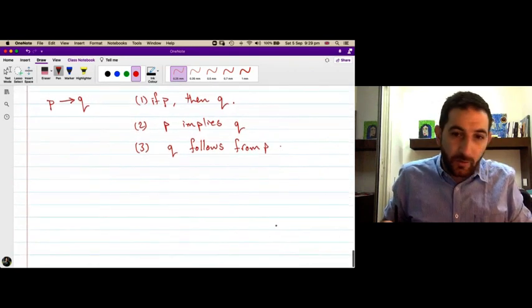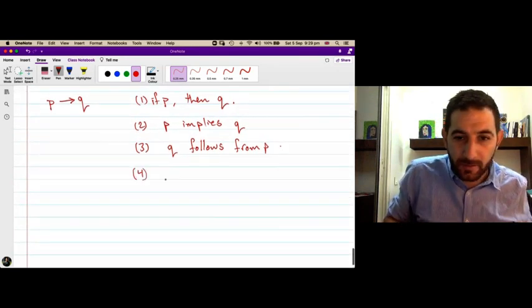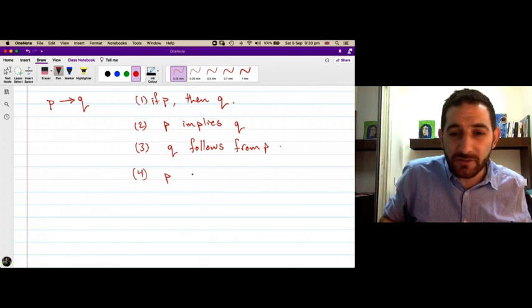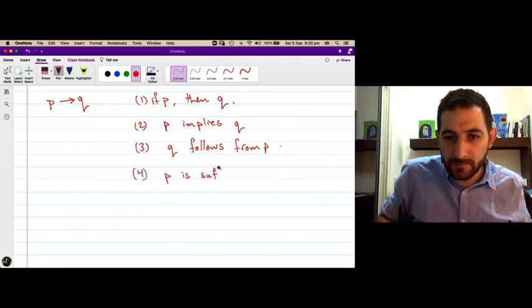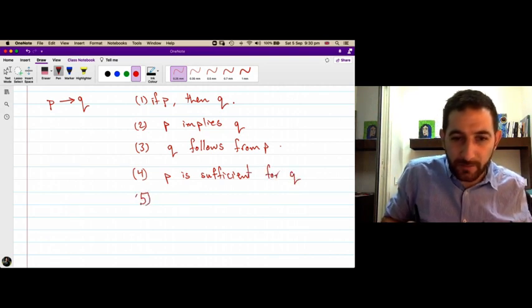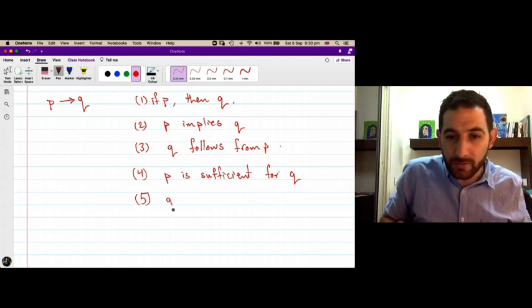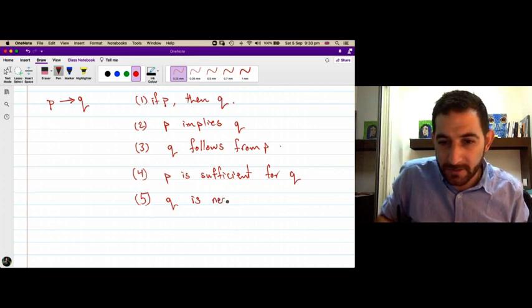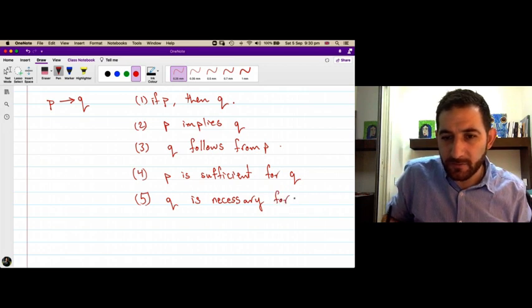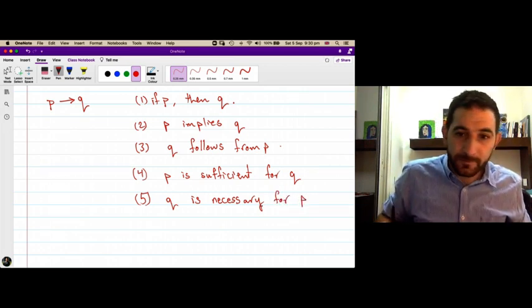And what else? We say that P, the hypothesis, is a sufficient condition for Q. And we also say for P implies Q that Q, the conclusion, is a necessary condition for P. Okay.